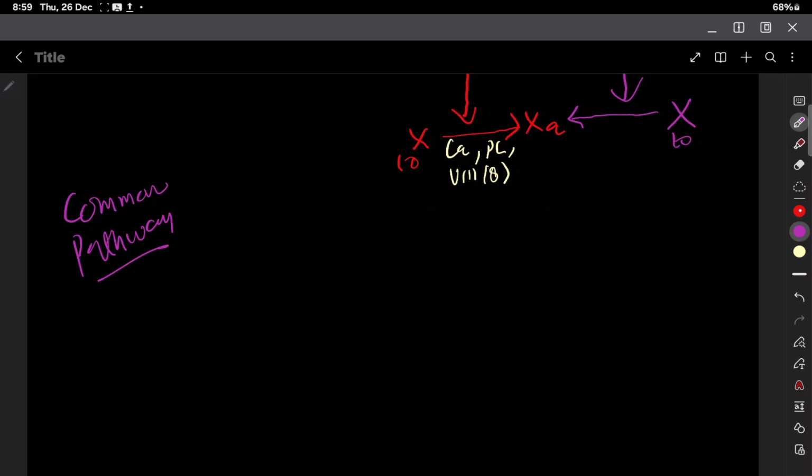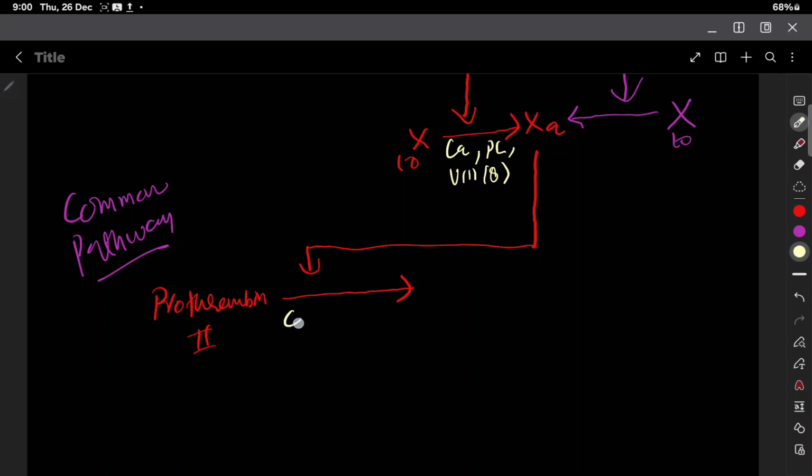Now we have factor 10. This factor 10 will now act on prothrombin, factor 2, in the presence of calcium, phospholipid and factor 5, which is this factor 5 here.